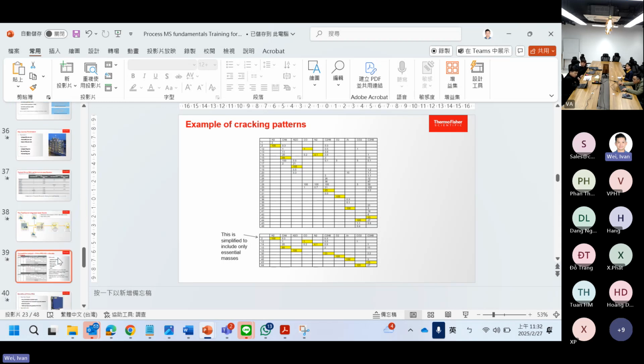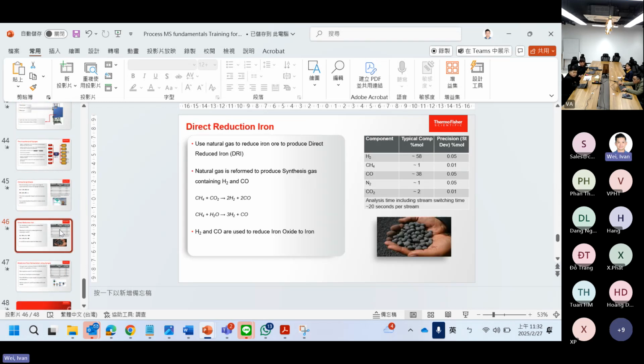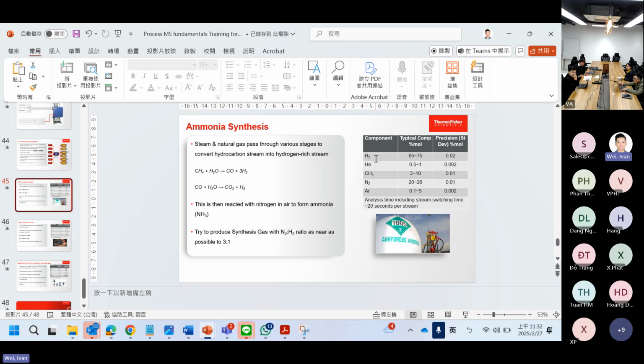As you can see here, this is really application driven. For the ammonia process, we're measuring H2, helium, methane, N2, and argon. So of course we know this is what we need to measure.